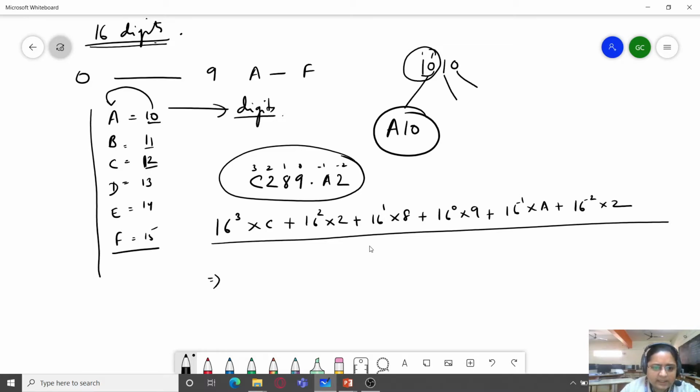We will represent C and A by the digits over here. So when we solve it, whatever we get would be the decimal representation of this number.